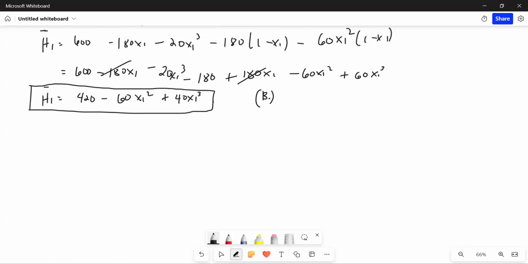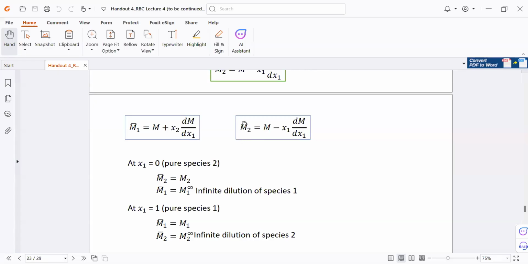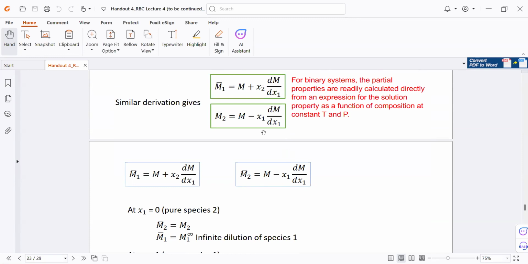Now that we're finished with H sub 1 bar, the partial molar enthalpy of species 1, let's move on to H sub 2 bar. So we use the other equation which we derived, in terms of enthalpy.